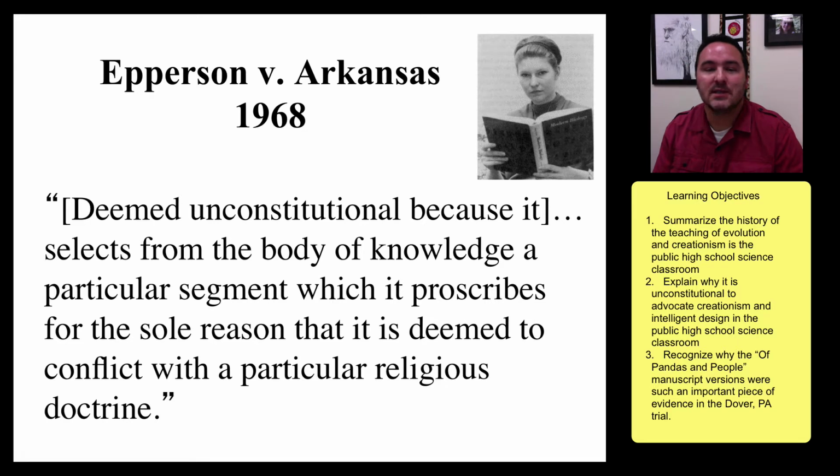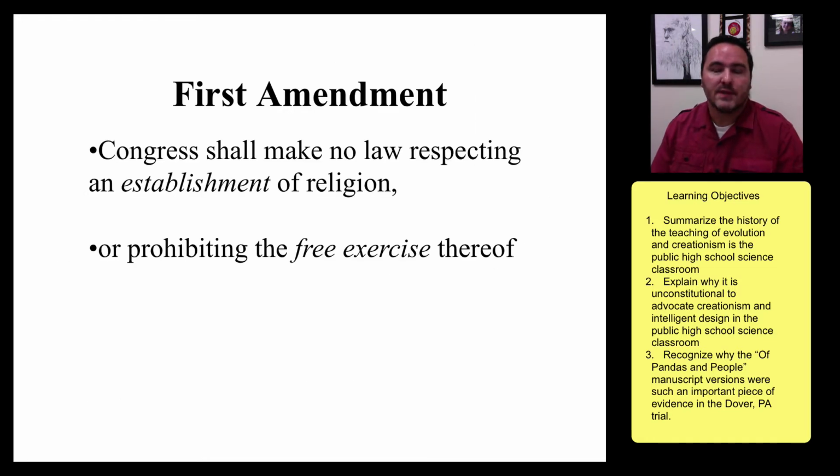The lawyers could basically argue that it's unconstitutional to not allow her to teach evolution because it selects from the body of knowledge a particular segment which it prescribes for the sole reason that it is deemed to be in conflict with a particular religious doctrine. So that was the main reason in the 1968 case.